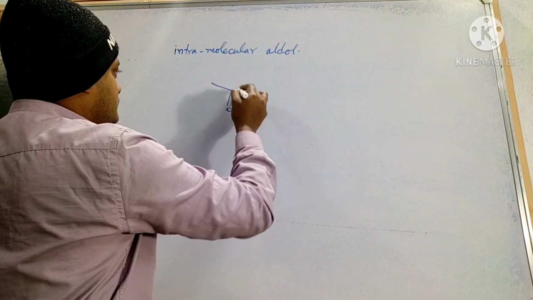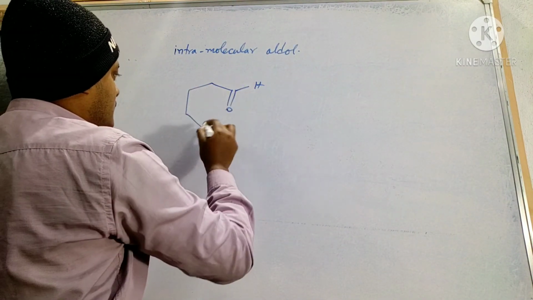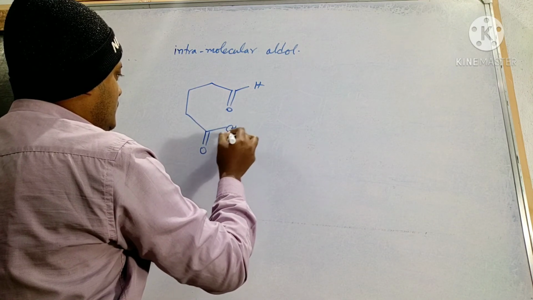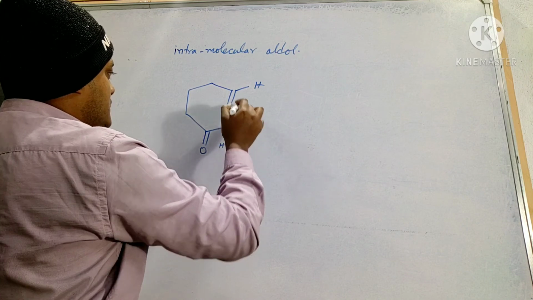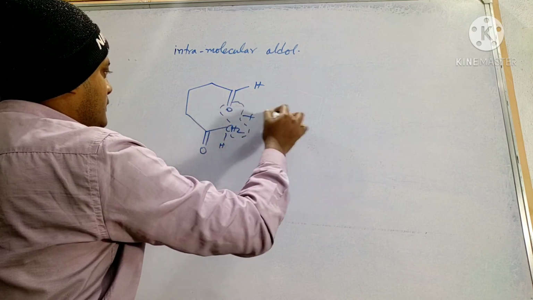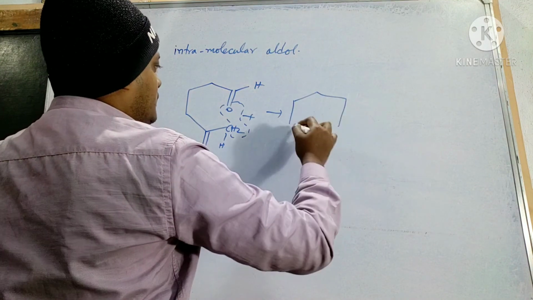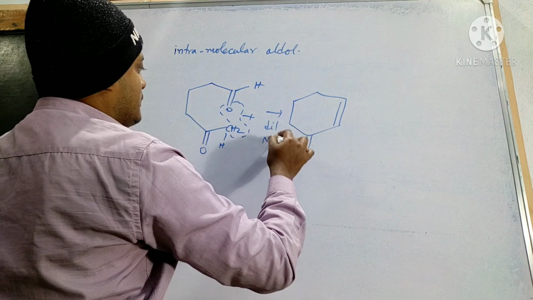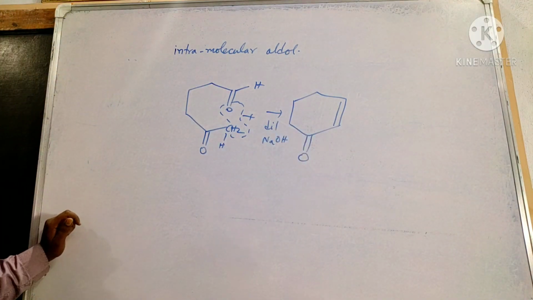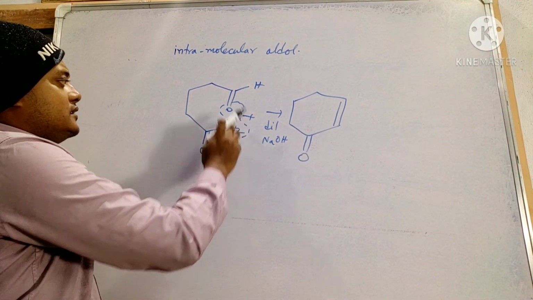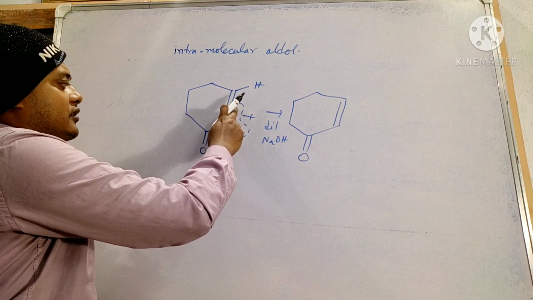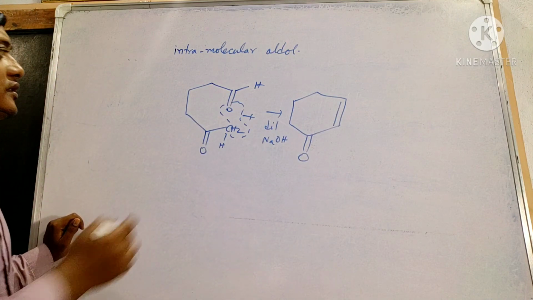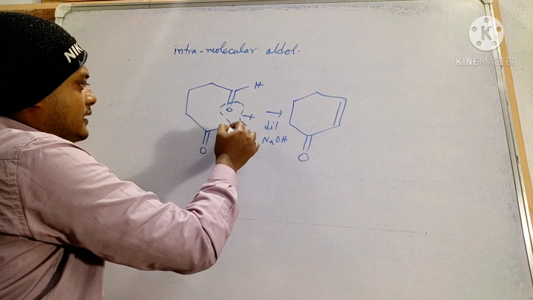See, this type of compound. In internal aldol, that alpha hydrogen and that carbonyl oxygen, what will be removed? Aldol takes place within the molecule, that oxygen and that alpha hydrogen.